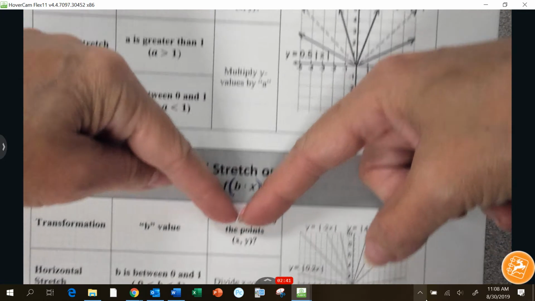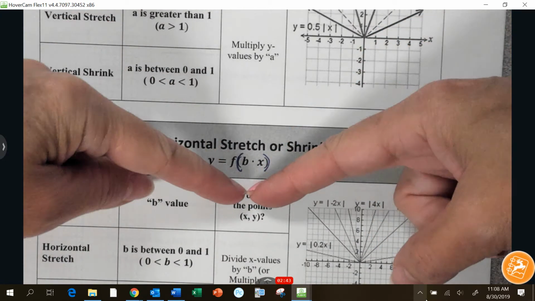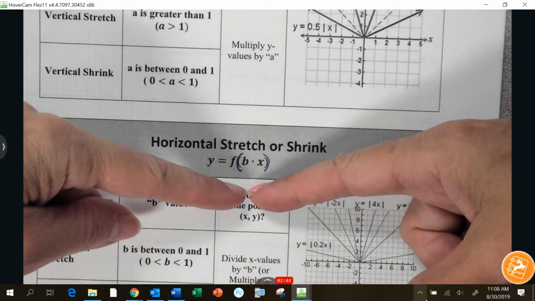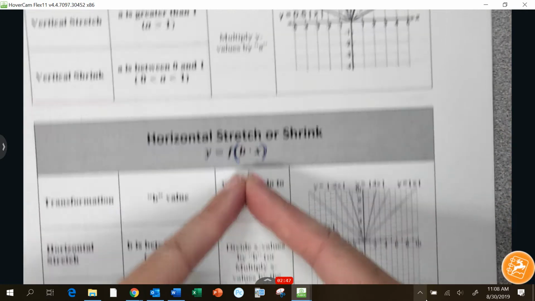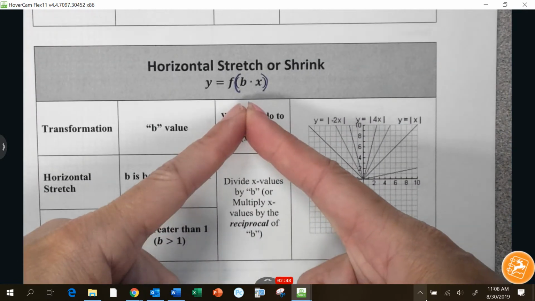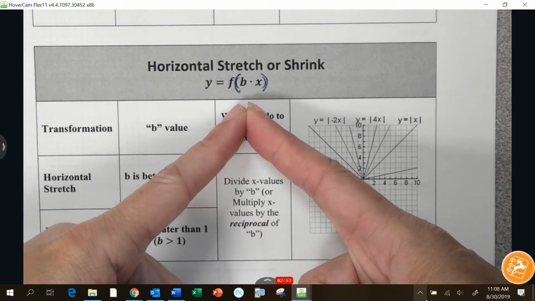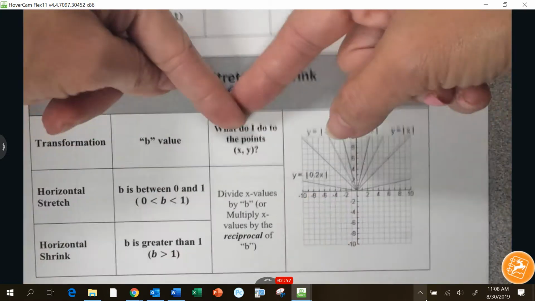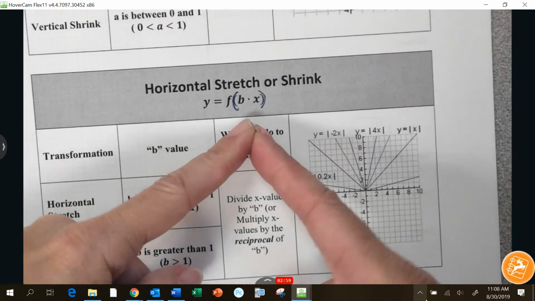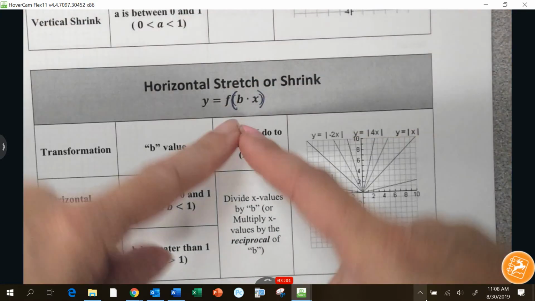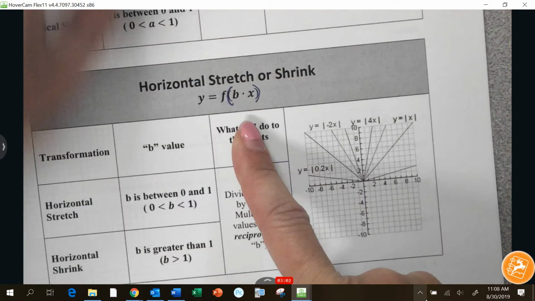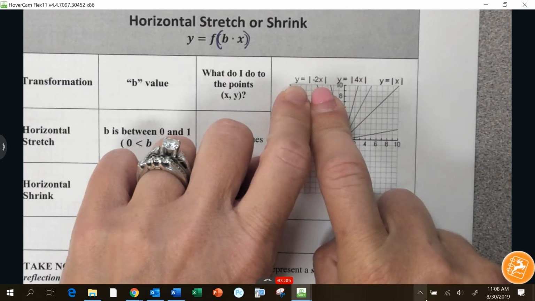If I'm vertically shrinking, what's going to make my function go like this? A negative number. Is that a vertical stretch or shrink? What kind of transformation is a negative number? A reflection.